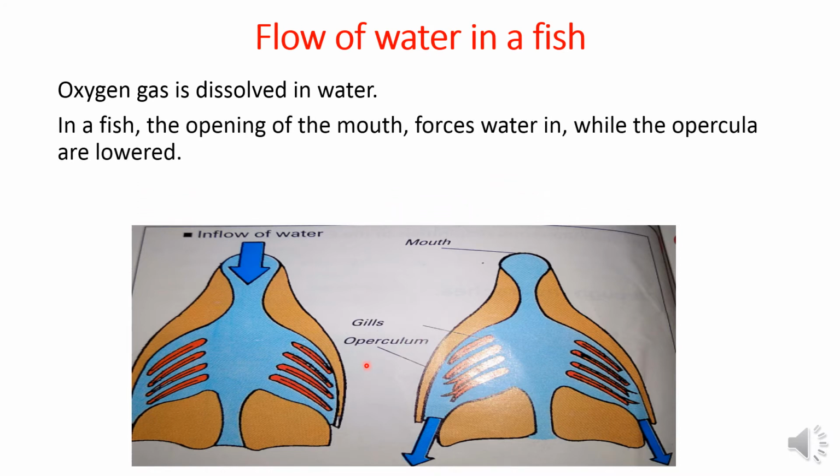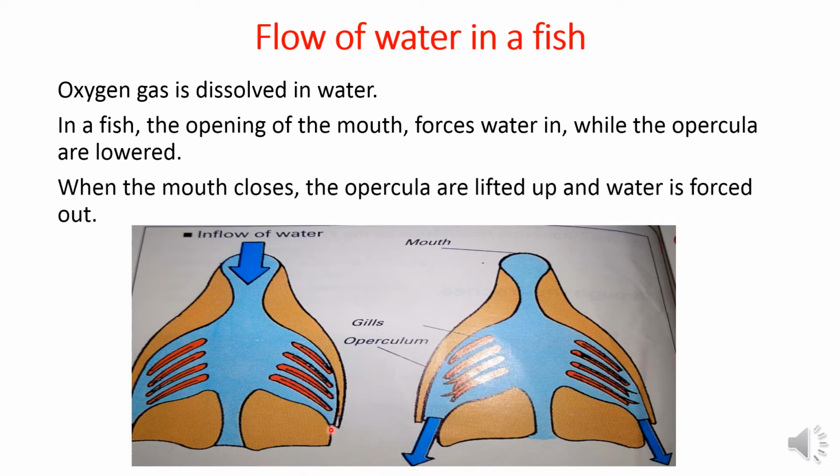In a fish, the opening of the mouth forces water in while the opercula are lowered. When water enters through the mouth, the opercula are lowered. When the mouth closes, the opercula are lifted up and water is forced out, in order to let the water get out.